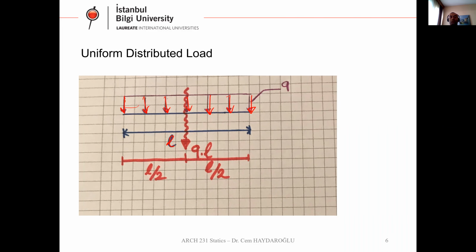To make a calculation, this is a rule you have to know. To make a calculation, I have to convert this uniform distributed load to a concentrated load. It's really basic.